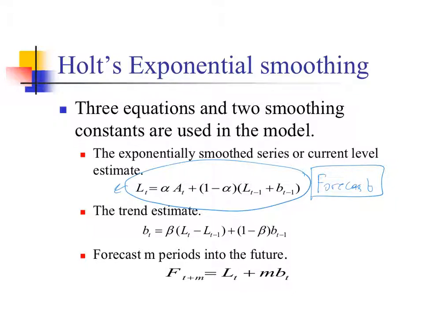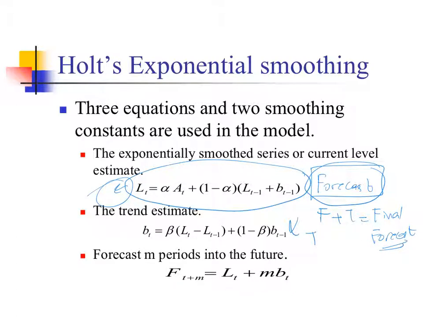So level is the forecast without trend. We first forecast without trend, and then we forecast trend, and then we add the trend to our forecast to get the final forecast. This is the idea in Holt's method.